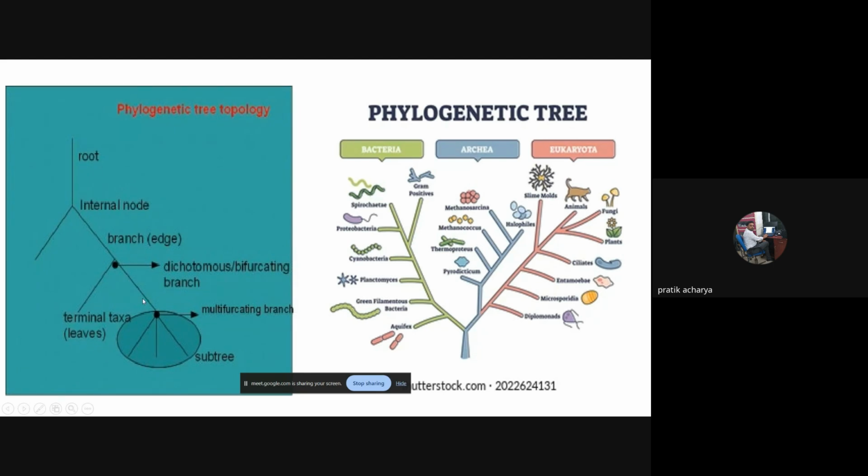So many branches means they have certain other characteristics which are not present in the previous groups. That's why they branched into a diversified group of organisms like this. So this is all about the phylogenetic tree and its construction.